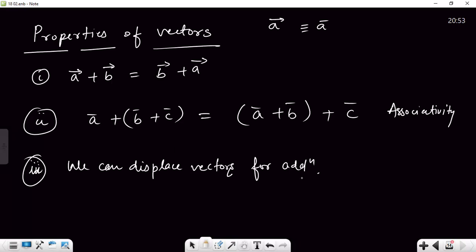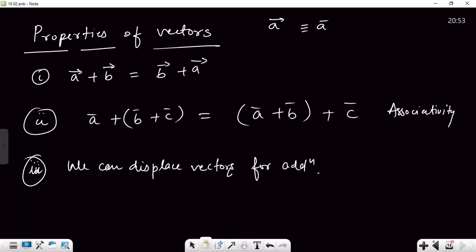Application is key. We have discussed this in the parallelogram law for vector addition. Now there are some different kinds of vectors. Let's discuss them one by one. They are not much important.